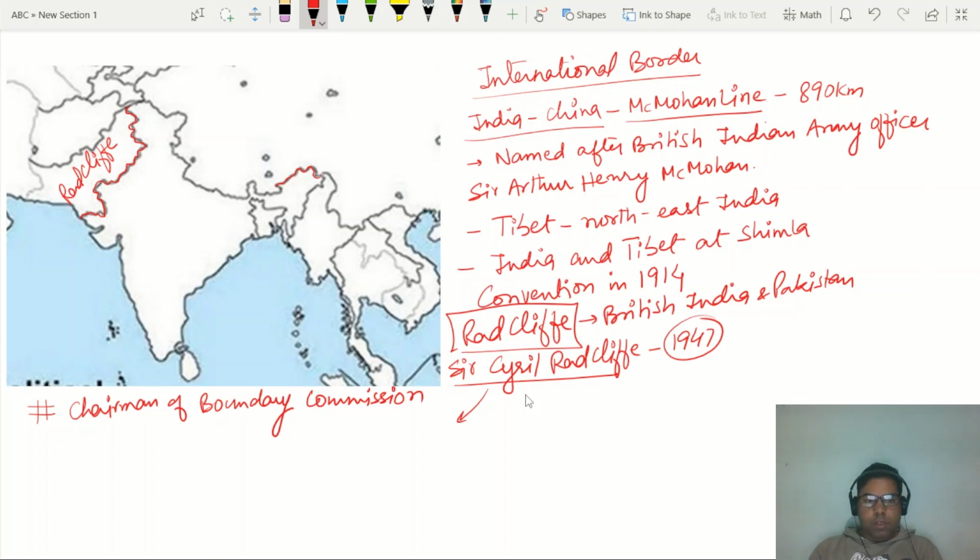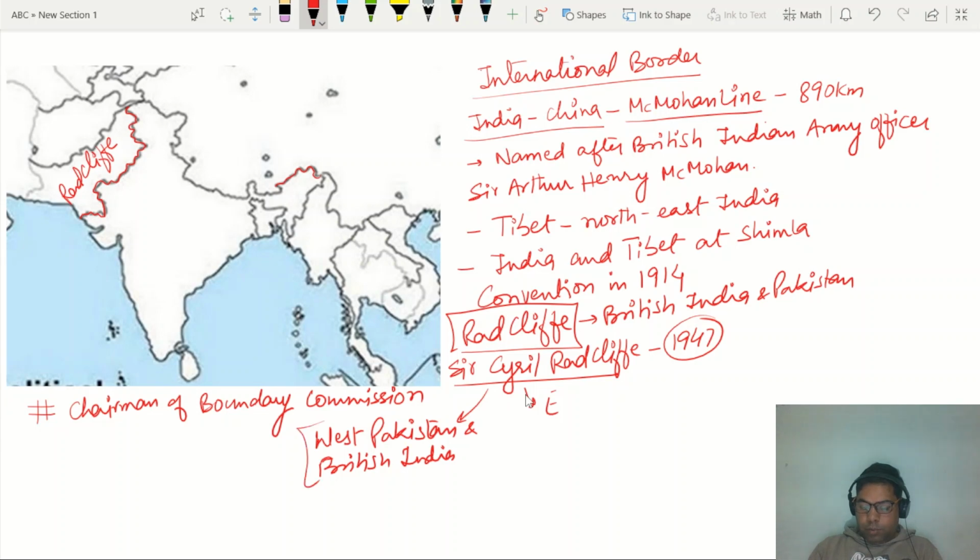So here was the division between West Pakistan and India, or we can say British India, and East Pakistan.